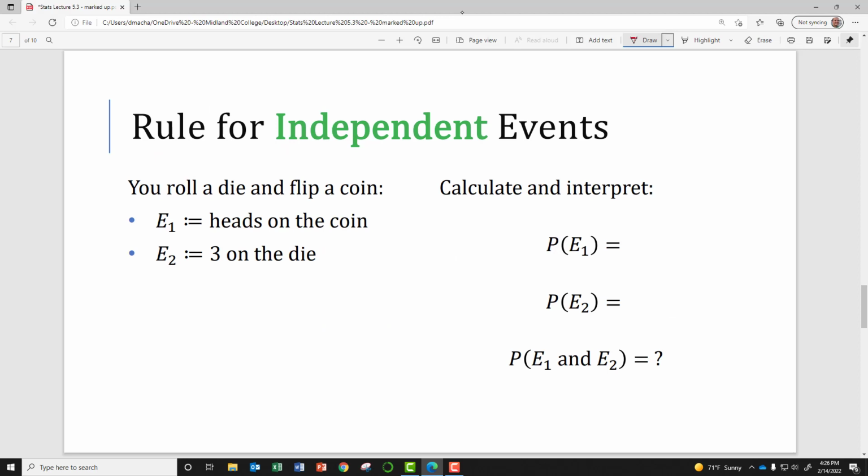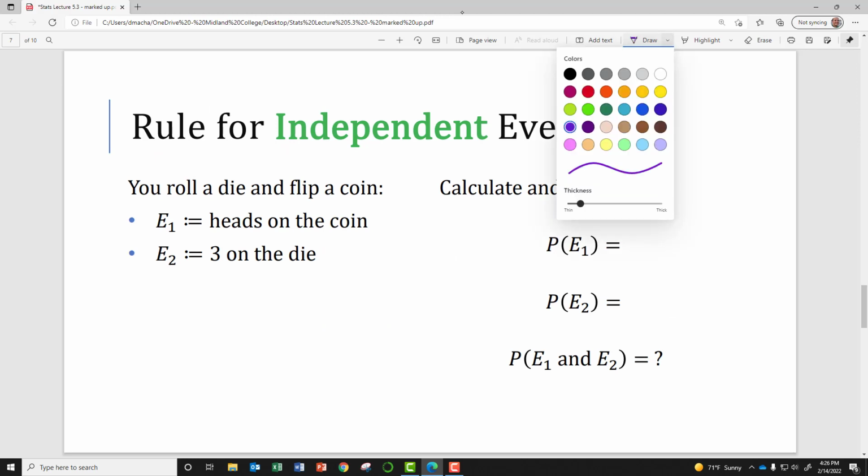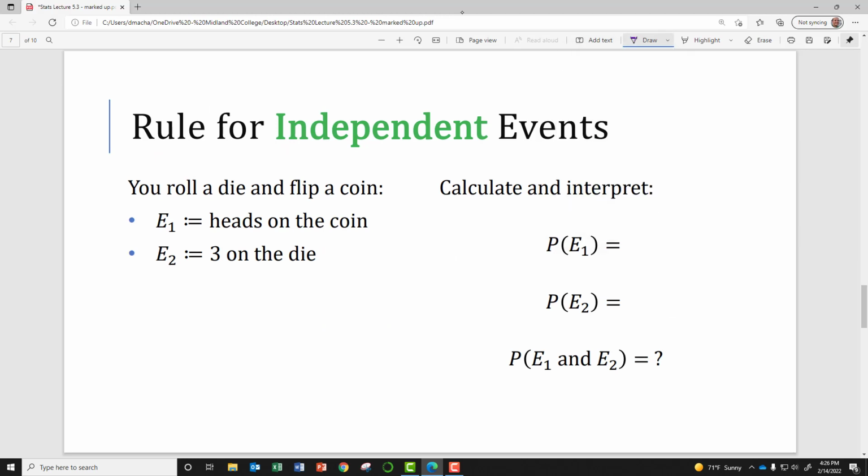So as an example, we'll work this out. If you roll a die and flip a coin, and we say E1 is heads on the coin, well, the probability of getting heads when you flip a coin toss, that's 1/2, right? 1 out of 2 possible outcomes. And then E2 is getting a 3 when you roll a die. Well, that probability is going to be 1 out of 6, because we're talking about 1 out of 6 possible outcomes.